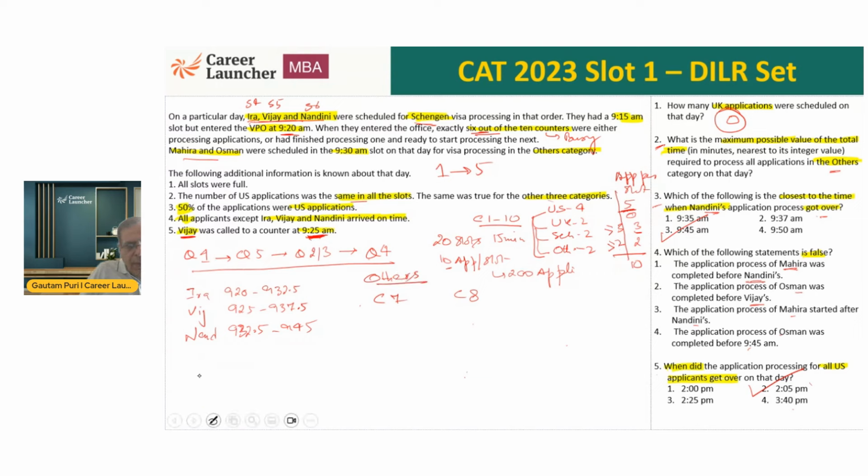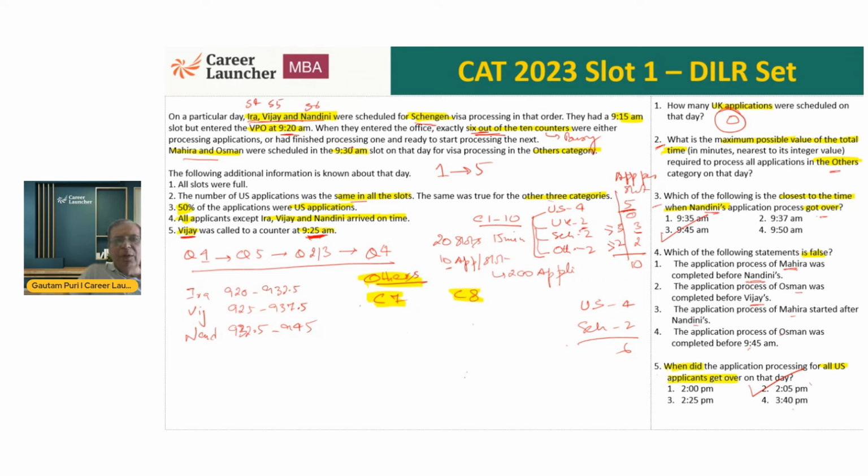Now both the counters are jobless. The 4 counters of US are occupied. The 2 counters of Schengen are occupied. So exactly 6 out of 10 counters are busy. 2 and 4 are jobless. The 4 jobless ones are for UK and for others.